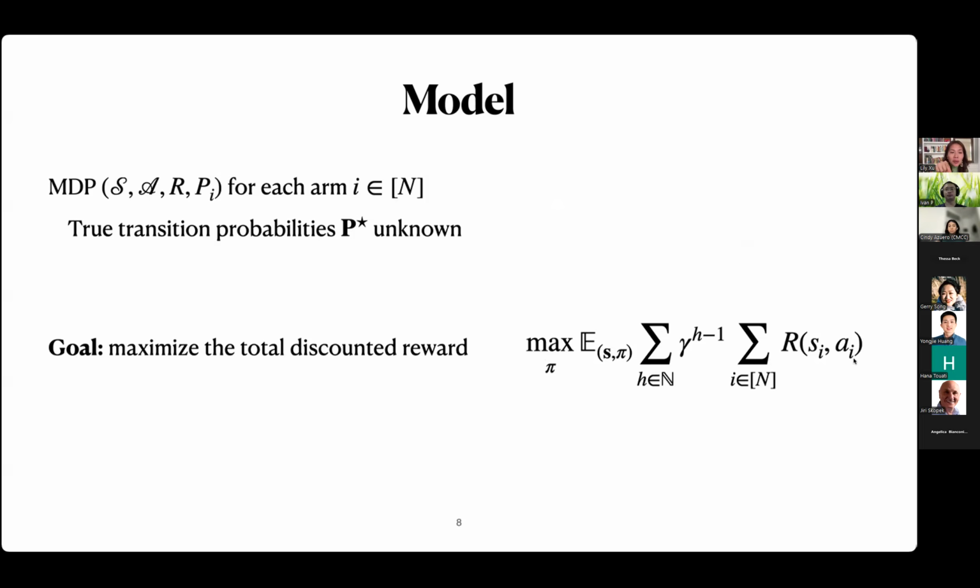So for each arm, our reward is a function of what state that arm is in. So is this user engaged or not engaged in the electricity reduction program? And we have some discount factor that enables us to sum up reward over a potentially infinitely long time horizon.